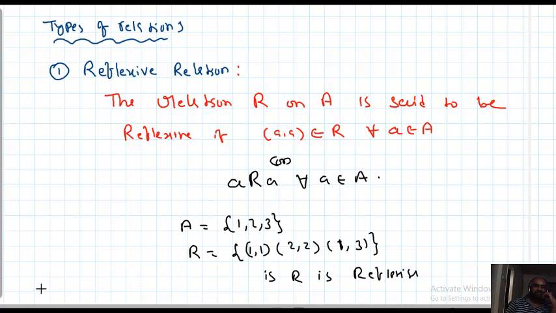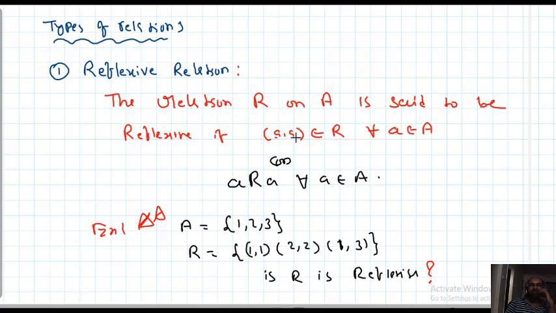This is an interesting, important question. Important example. How to check? If ordered pairs are given, how to check? That is very difficult. You need to use the definition.